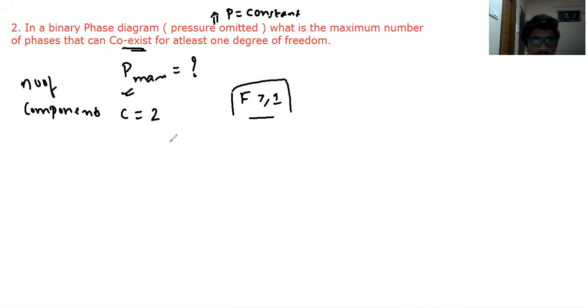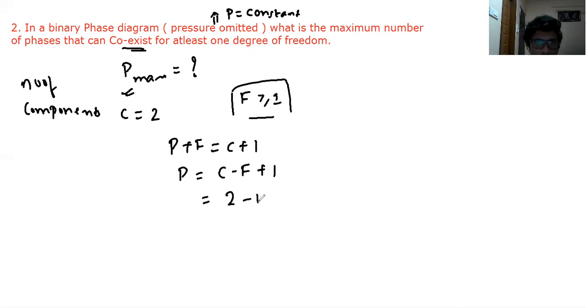So from the Gibbs phase rule, as the pressure is constant, we write the condensed Gibbs phase rule as P plus F is equal to C plus 1. So from this we can write P is equal to C minus F plus 1. We are given a 2 component system, a binary phase diagram. So 2 minus F plus 1, we get this as 3 minus F. So we need to find the maximum number of phases.